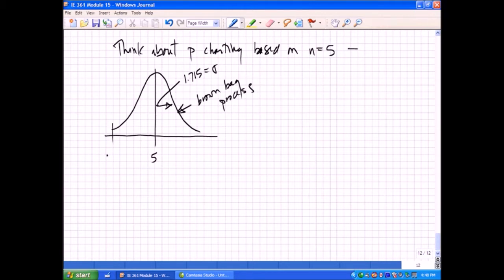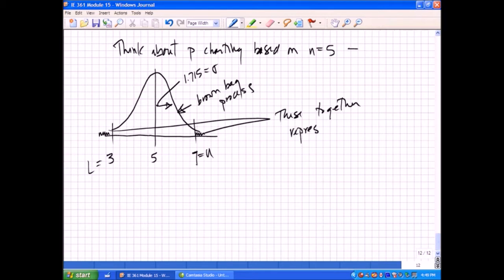And if I come down here to 3 and come up here to 7 and think of these things as my specifications, then if I take this area plus that area, these together represent a fraction of the population that is non-conforming.